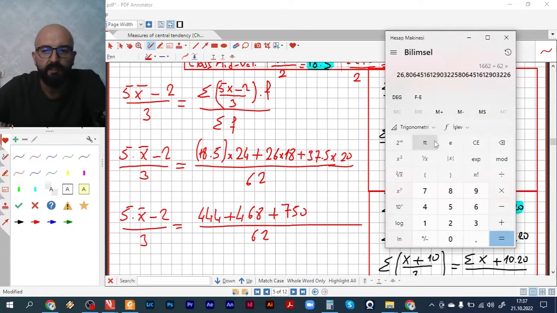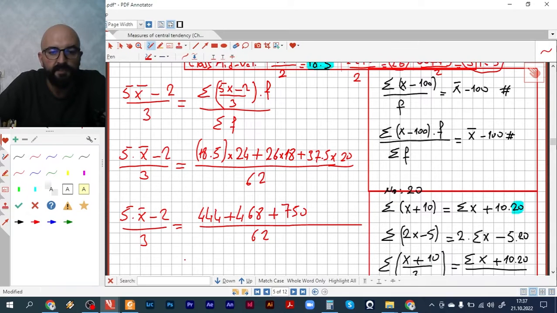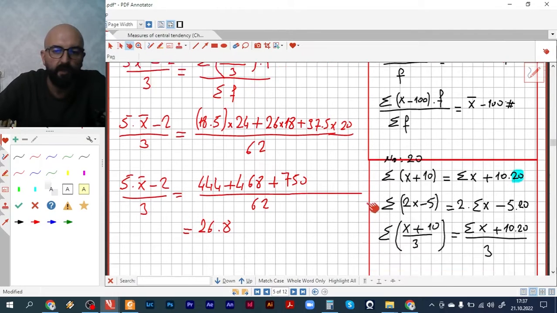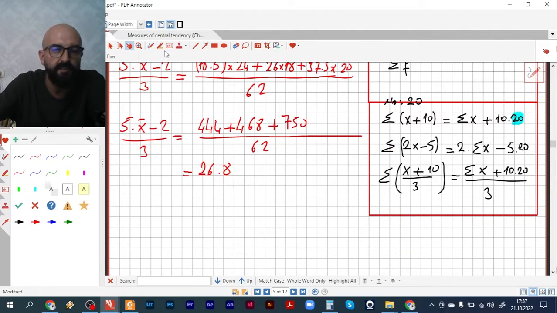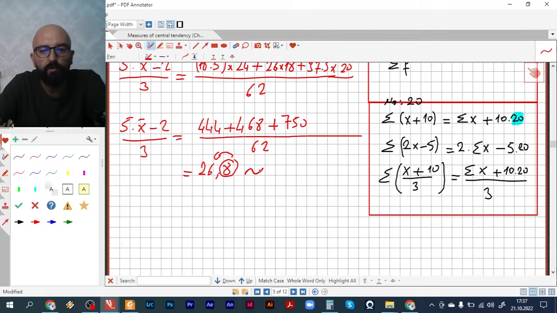So it becomes approximately 26.8. If we want to round this number to the first digit after the dot, it becomes 27.